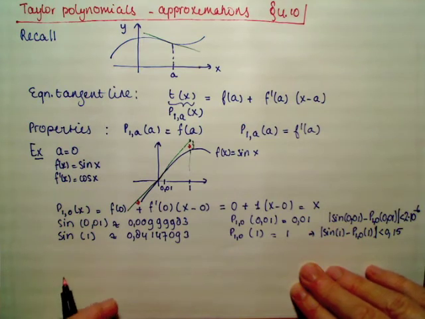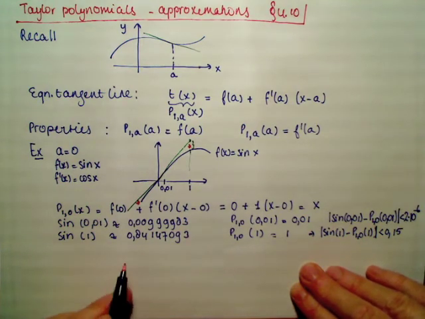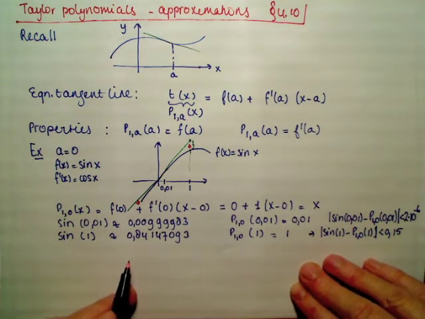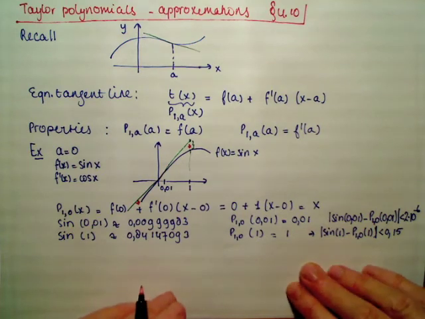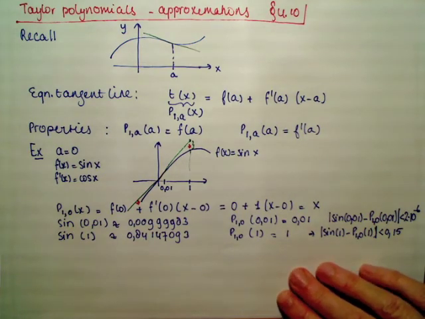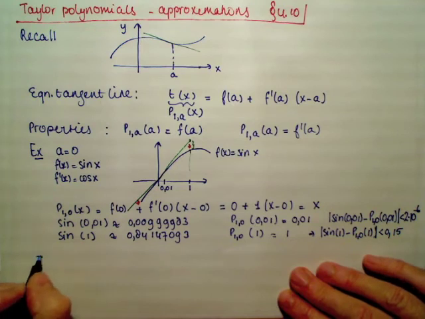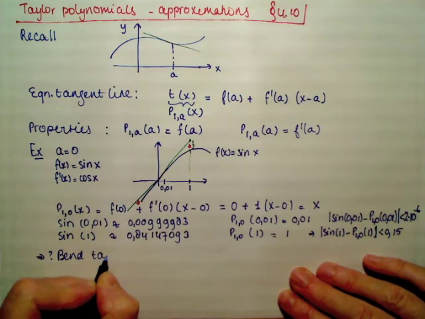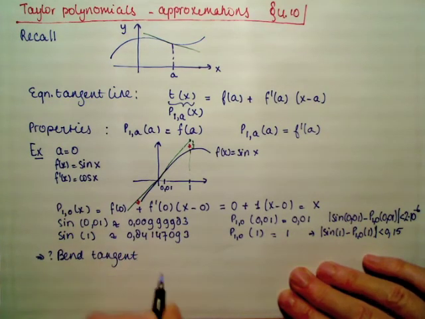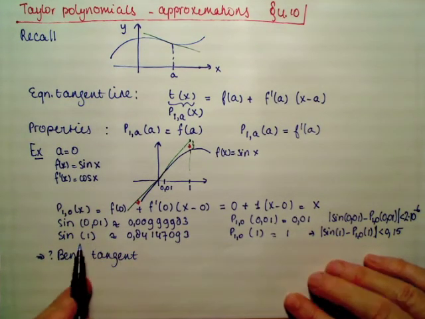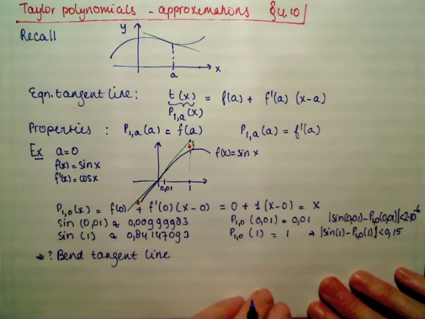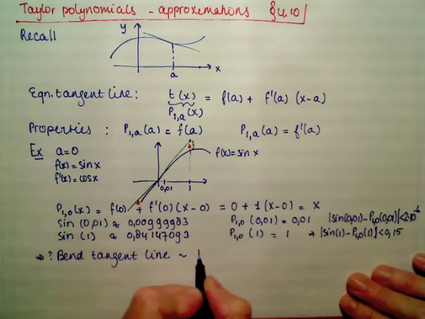The question is how to get this answer, and clearly it is by calculating approximations in some clever way. And this is exactly what we are going to do. So the task is to bend the tangent line in a way that we can better approximate the value of the sine at point 1. The idea is to use a second derivative.